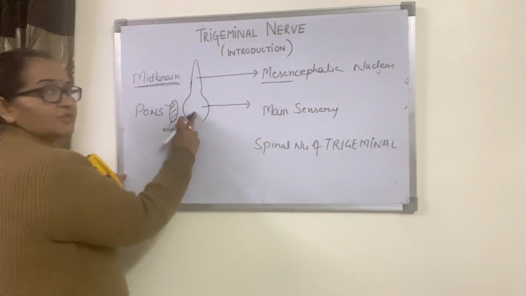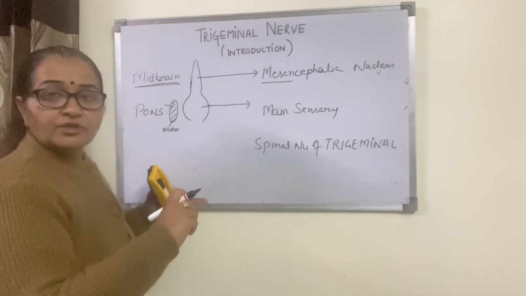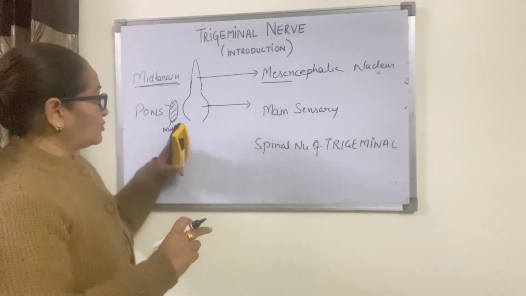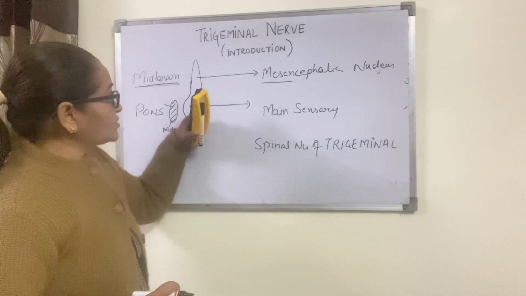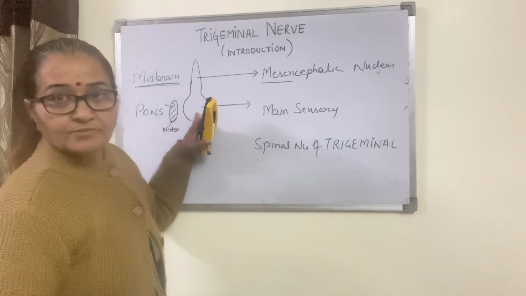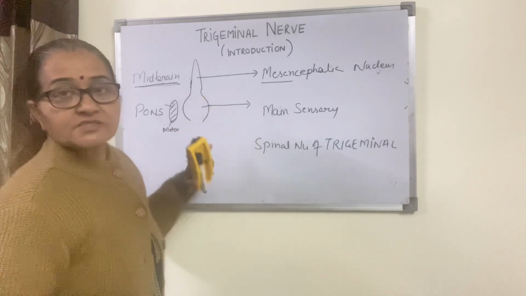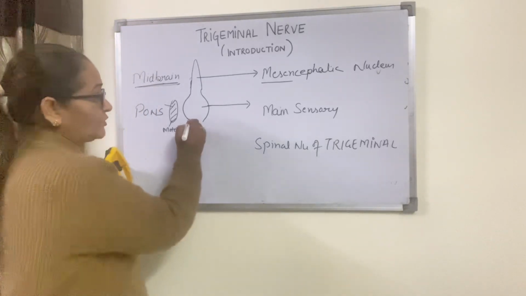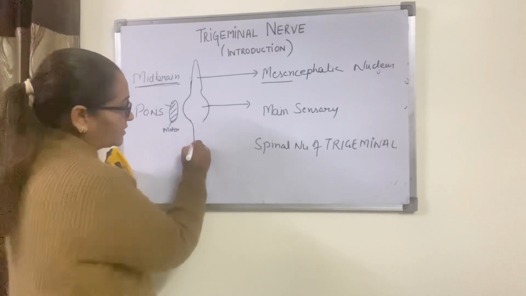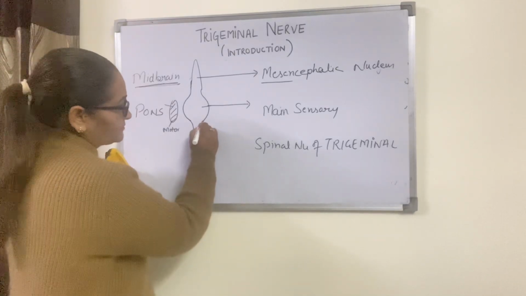This main sensory nucleus is lying lateral to the motor nucleus of the trigeminal. Now this nucleus is receiving fibers of what kind? That is discriminative touch from the face. So this main sensory nucleus is continuing with the spinal nucleus of the trigeminal.